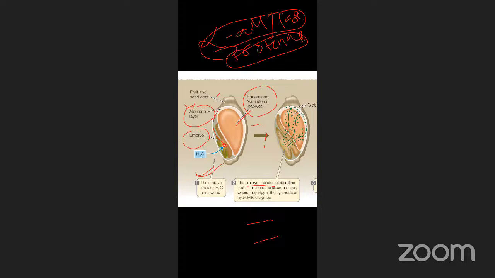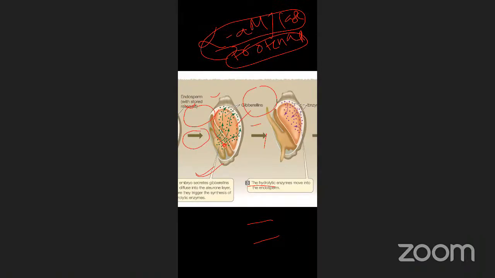Embryo, endosperm, aleurone layer or seed coat. Which portion of the seed stores the food material?